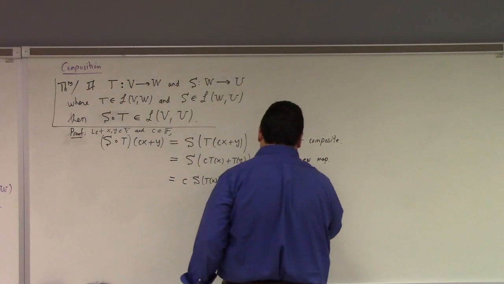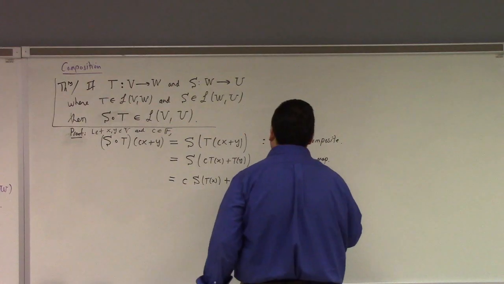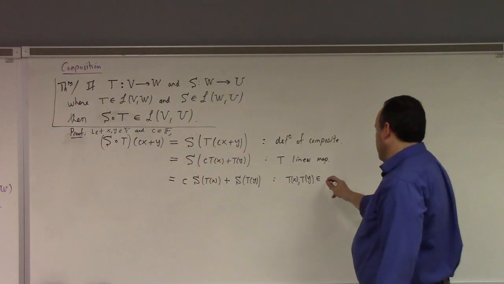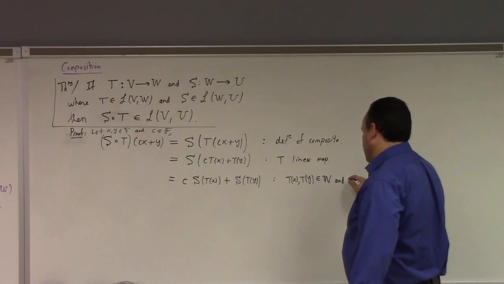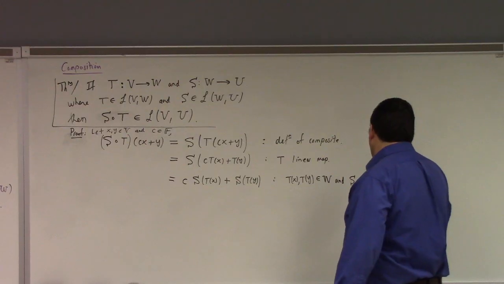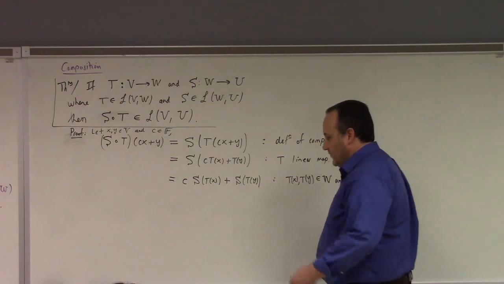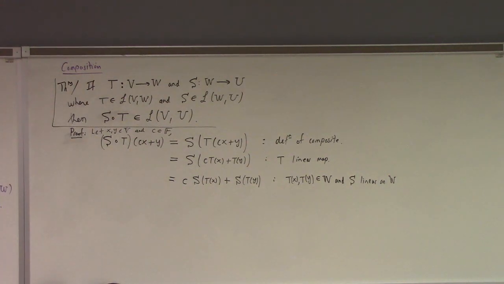Notice that T of X and T of Y are elements of where? W, right? And S linear on W. Or if you like, you could just say, because S is linear, I can do this, right?